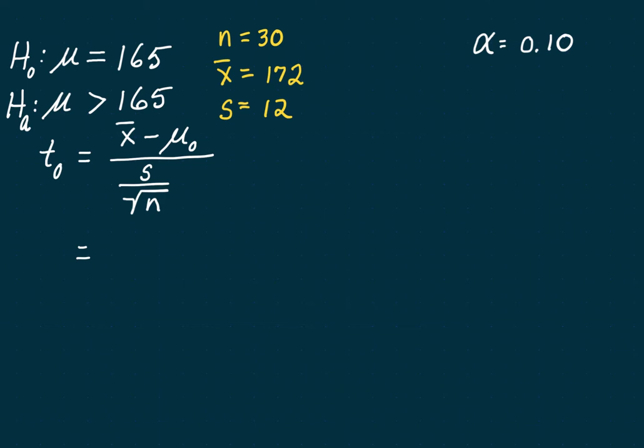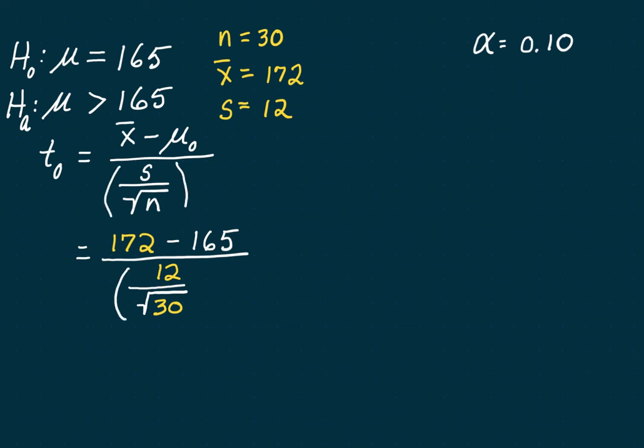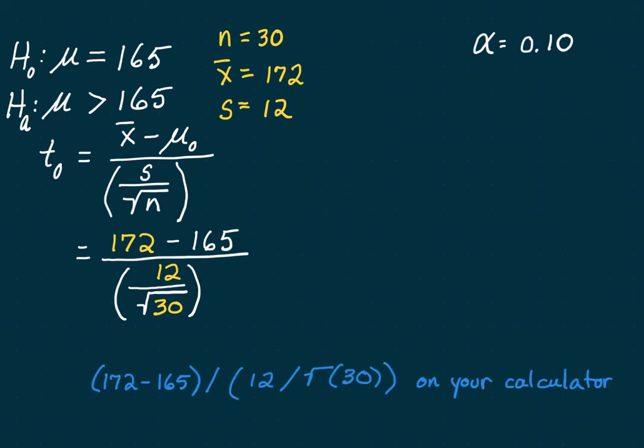We have the mean of our sample minus the mean in our null hypothesis divided by the standard deviation in our sample, which in turn is divided by the square root of n. So please remember that everything here is performed before it's divided into the numerator. At the bottom of your screen, you can see how that should go into your calculator.